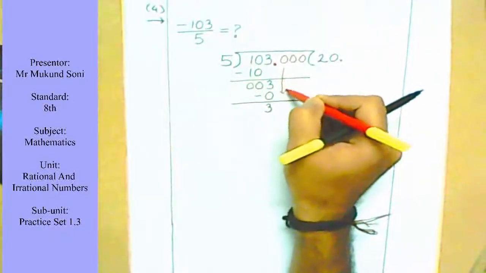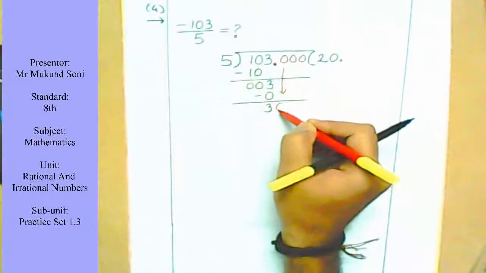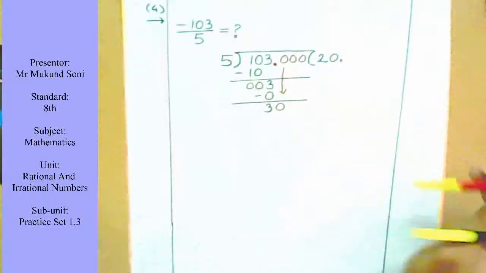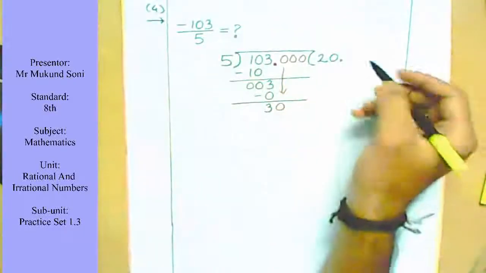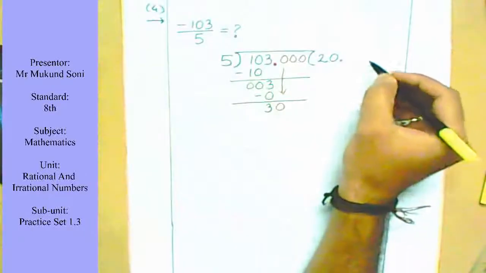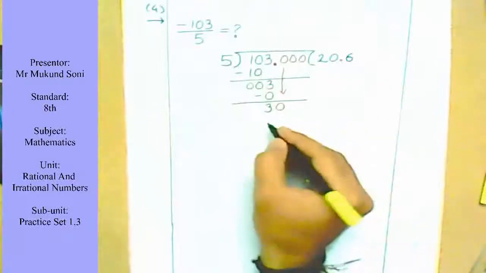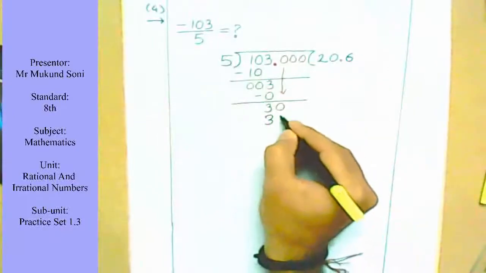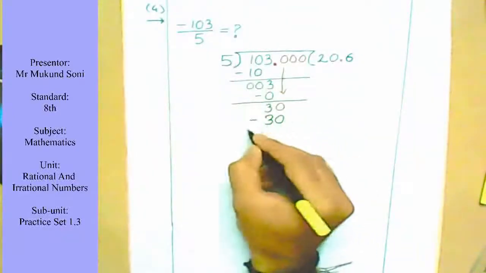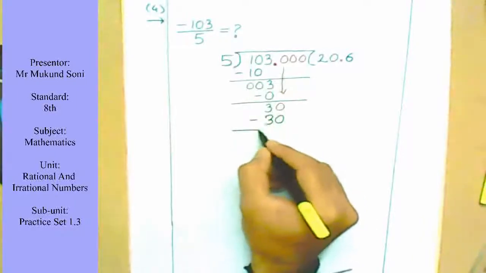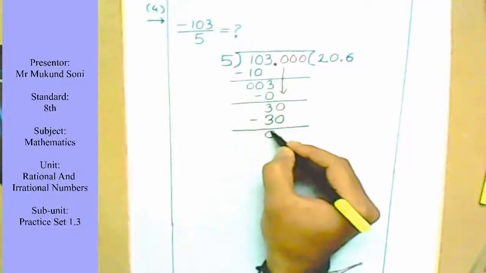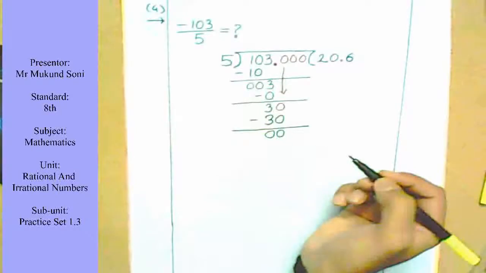Then bring down one of the zeros this way. Here I am putting 10. And now thinking in the table of 5, 5 6s are 30. On doing subtraction, my remainder becomes 0.